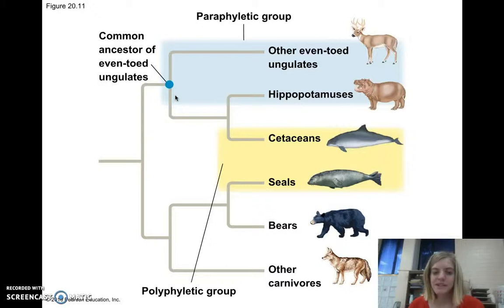So we can see here they are actually very closely related to hippos, and this is a paraphyletic group. However, cetaceans and seals are also closely related, but this would be polyphyletic because their most recent common ancestor is all the way back here. So it's not included as part of this group.